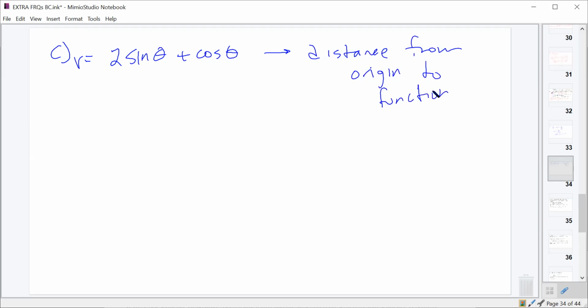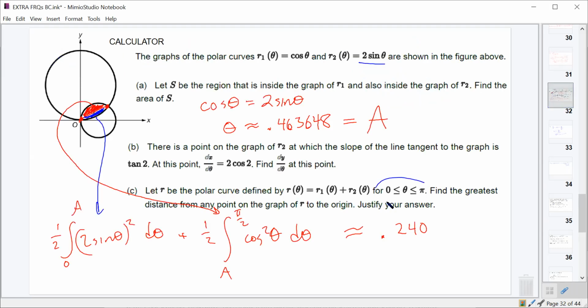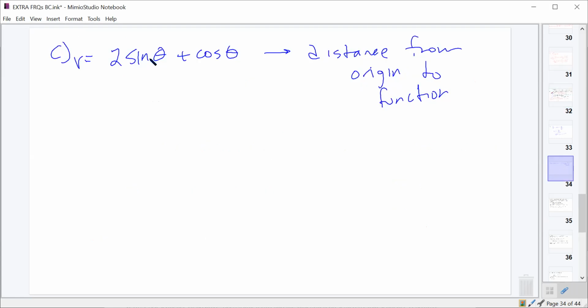It's a straight line from the origin to that polar equation. So we want to know when is this, I believe it said for 0 to pi, when is this at a max? So we need to find r prime.